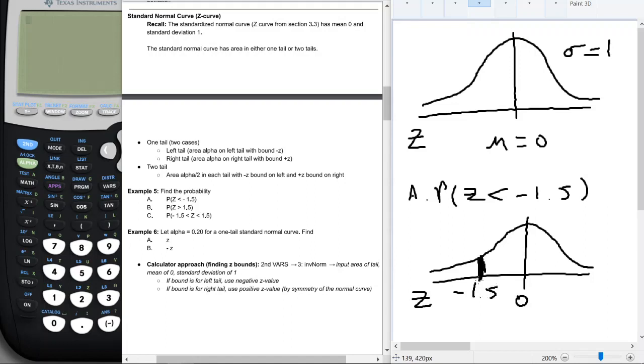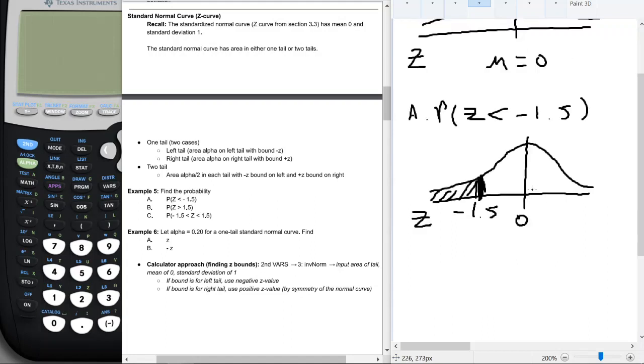And notice if z is less than that number, we need to shade this way. So in order to find that area under the curve, the probability that z is less than negative 1.5, the setup is normal CDF.